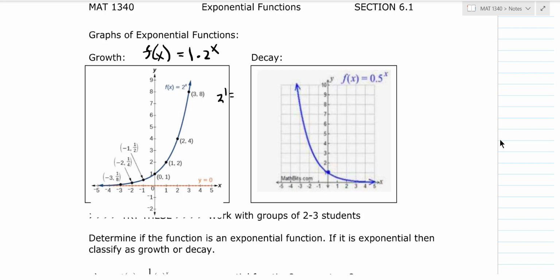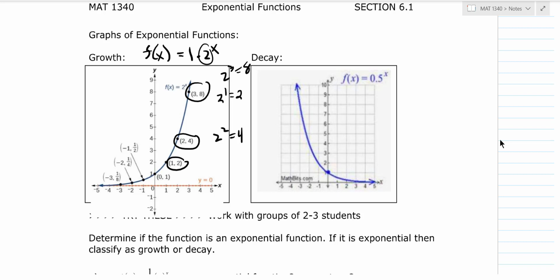Like 2 to the first is 2, so you get this point when x is 1. This next point, 2 to the second is 4. And this point, 2 to the third is 8. So these values are growing because that 2 is bigger than 1. That's what causes that to happen.